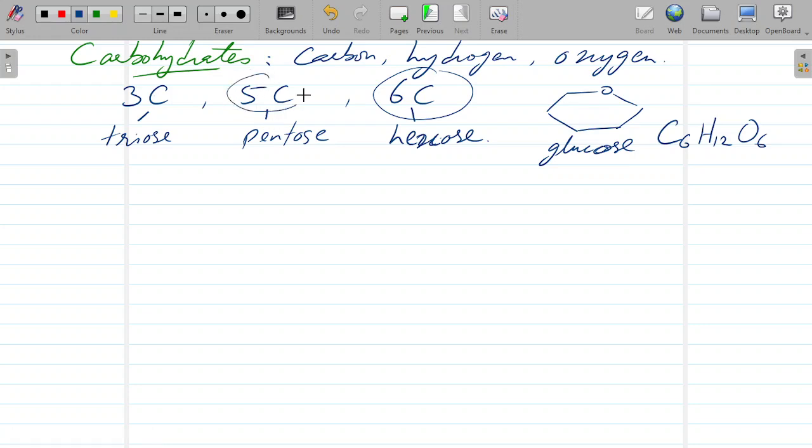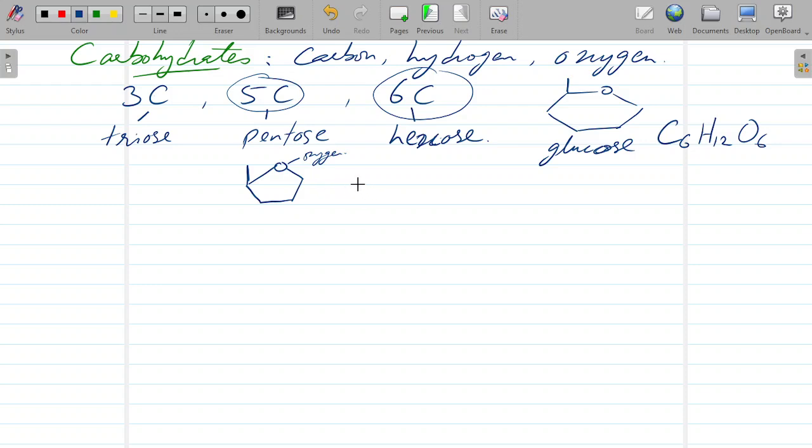For pentose, you can represent it like that. So that O is an oxygen. So this guy is an oxygen. So this is what the molecule looks like. Very simplified, of course. I'm not pointing out everything else that's going on over there.